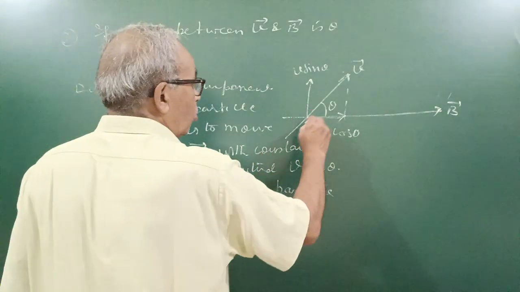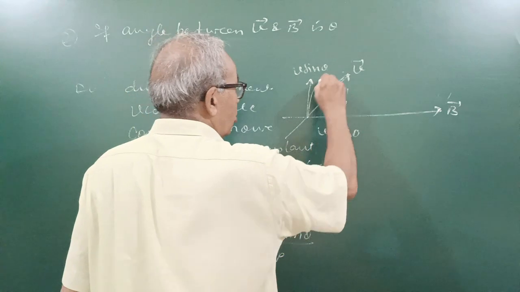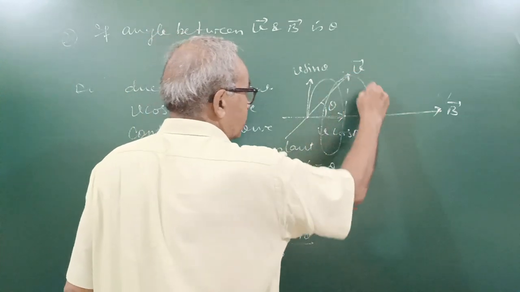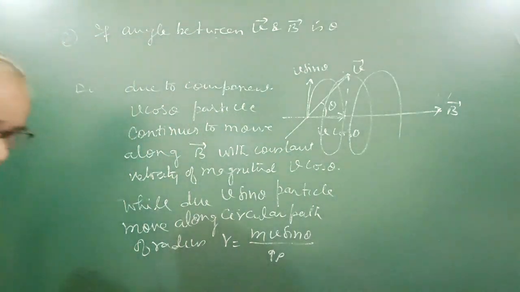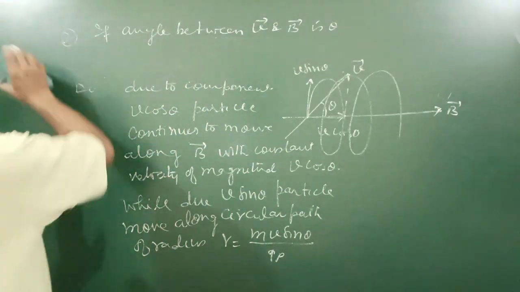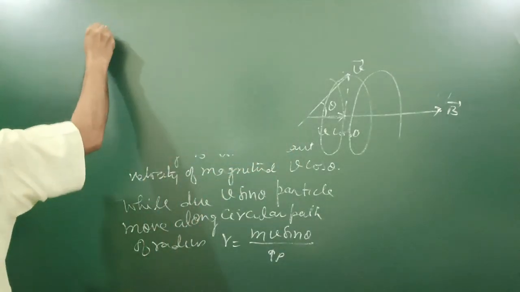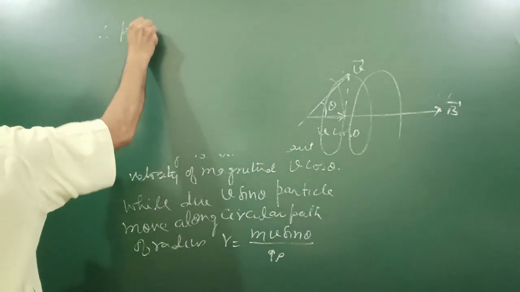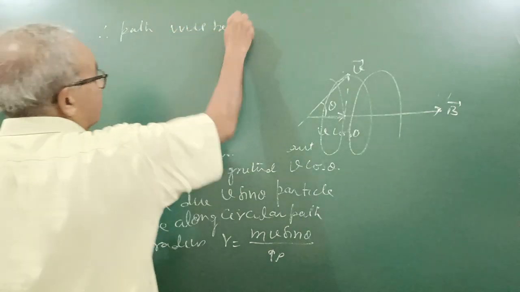So this makes it move along a circular path. Ultimately the path will be a helix like this, and hence the path will be helical.